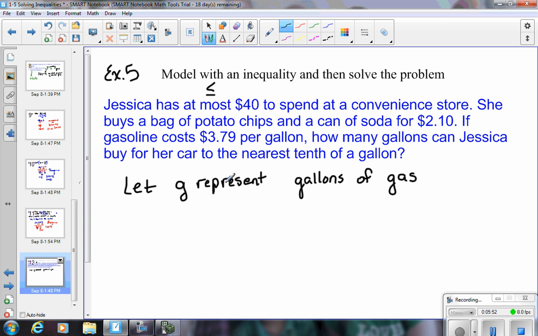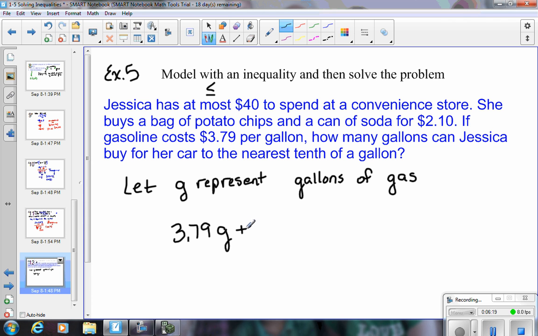So if you think about that, if she buys 1 gallon of gas, it costs $3.79. 2 gallons of gas would cost 2 times $3.79. 3 gallons of gas would cost 3 times $3.79. So G gallons of gas would cost G times $3.79, or we would write 3.79 G. So this is how much it would cost for G gallons of gas.